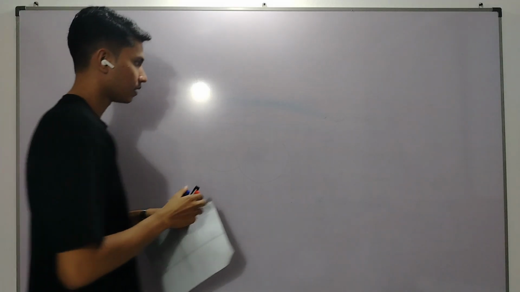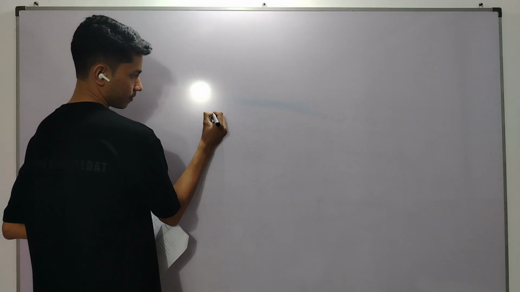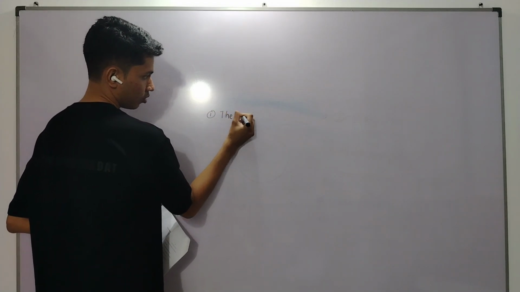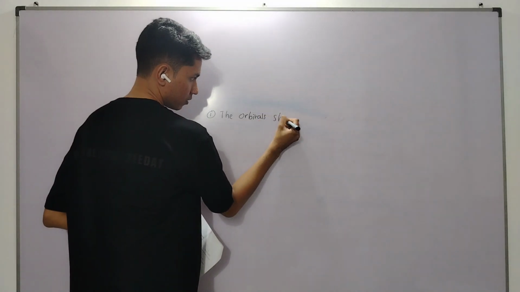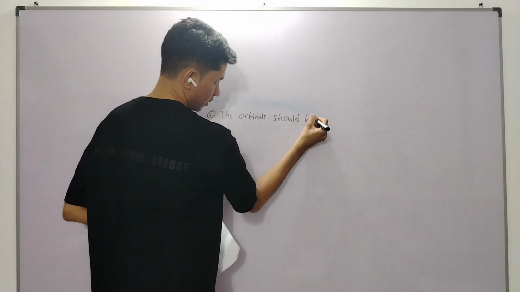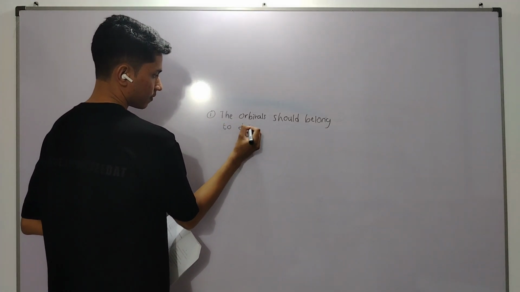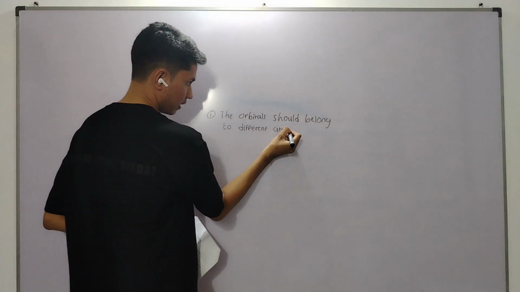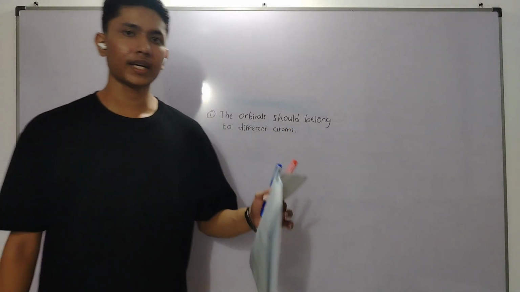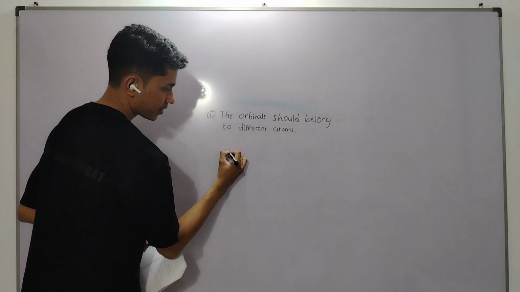The first requirement is the orbitals should belong to different atoms. What does that mean? Let's say this is a hydrogen atom.